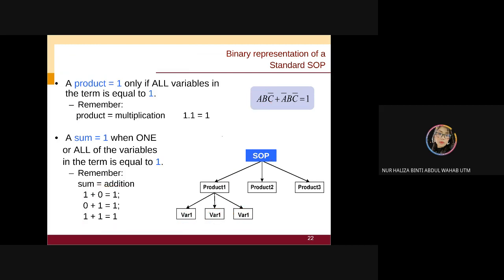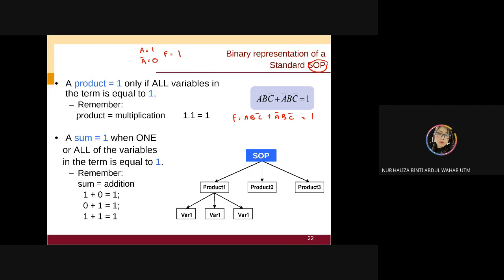This is your SOP: F equal to A, B, C bar plus A bar, B, C bar. And for SOP, I already mentioned, you're going to follow this rule: A equal to 1, A bar equal to 0. Your F will be 1 for your output.